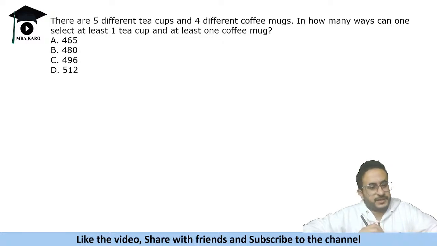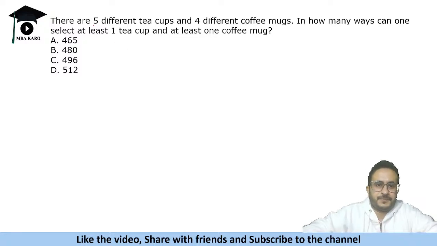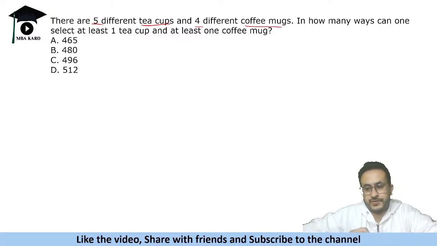So how do we attempt this one? Like an at least one selection. There are 5 teacups and 4 different coffee mugs. So you have to select at least one coffee mug and at least one teacup also.